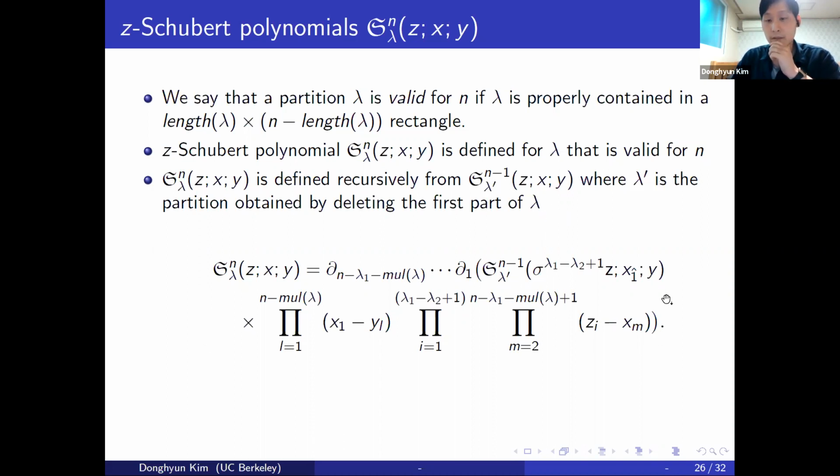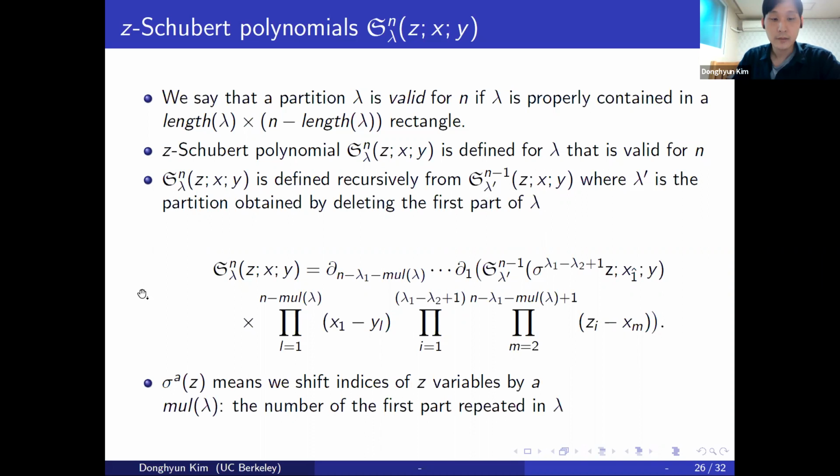And this is the recursion relation. It's quite complicated, so I will not go into the detail about this, but for the notation, sigma^a of z means that we shift indices of z variables by a. And multiplicity of a partition is the number of times the first part is repeated in lambda.